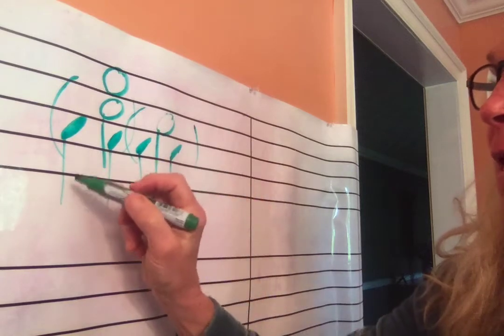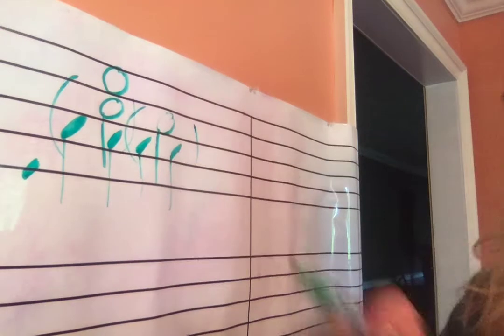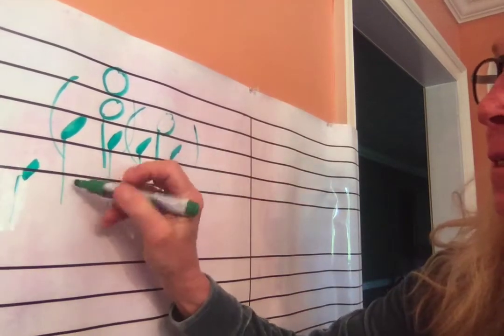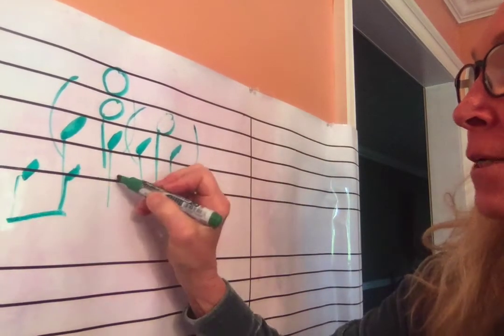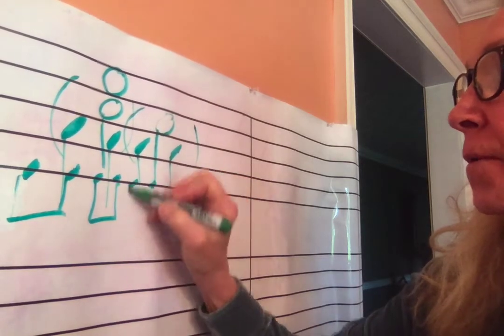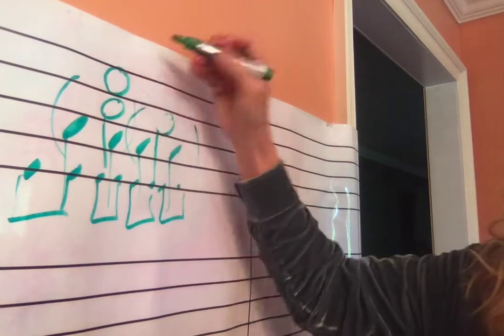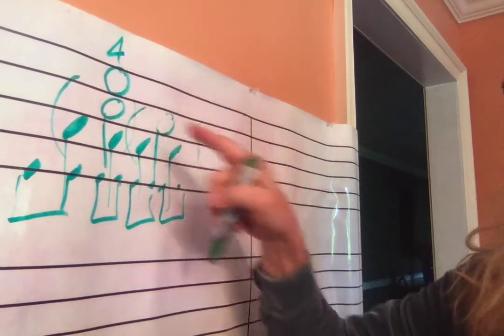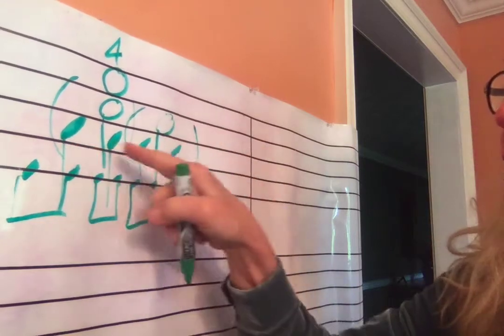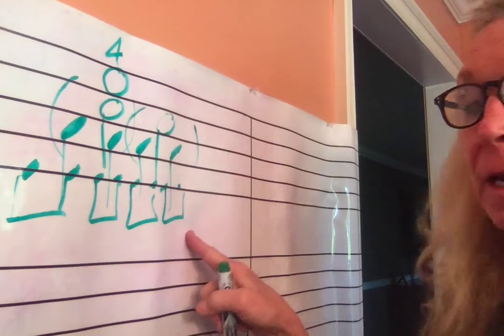And then under that, we have eighth notes, where each quarter note is the same as 2 eighth notes. So we have 4 beats for the whole note, 2 half notes are going to be a whole note, 4 quarter notes are going to be a whole note, and 8 eighth notes.